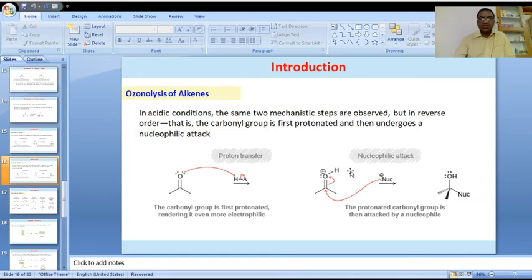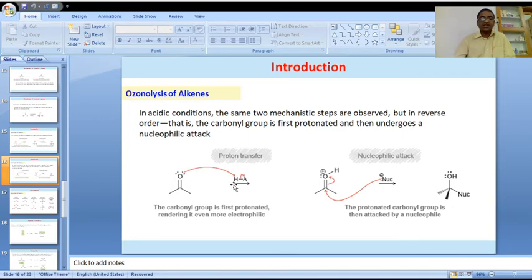On this protonated carbonyl group, nucleophilic attack occurs. The protonated carbonyl group is then attacked by a nucleophile. With nucleophilic attack, the pi bond automatically breaks and its electrons are lost.